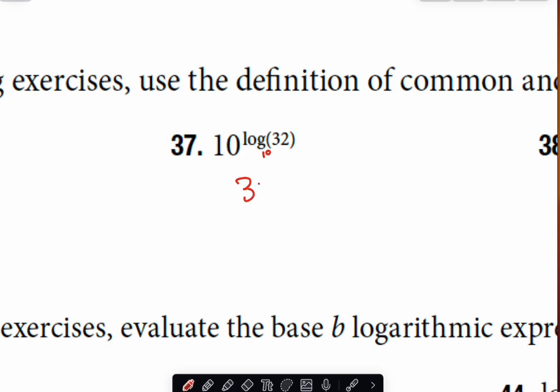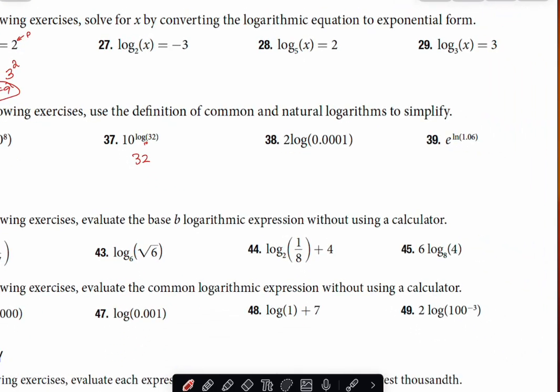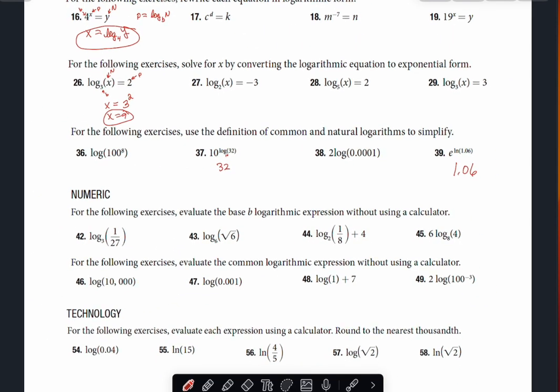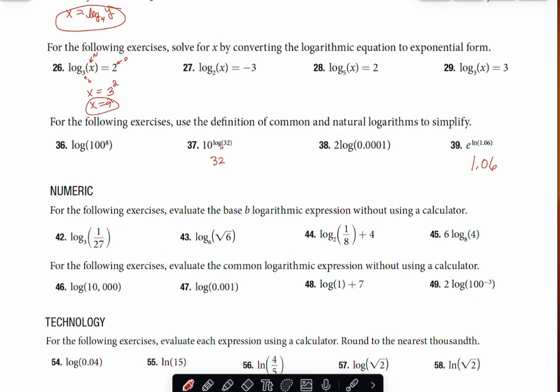And so the answer is just 32. The same thing happens in 39. Since the e and the natural log are opposites, if you have a base e and you have a natural log in the power, the answer is just 1.06. And then 36 and 38, those are common logs. Use a base 10. If I have a power of 10, what would I have?